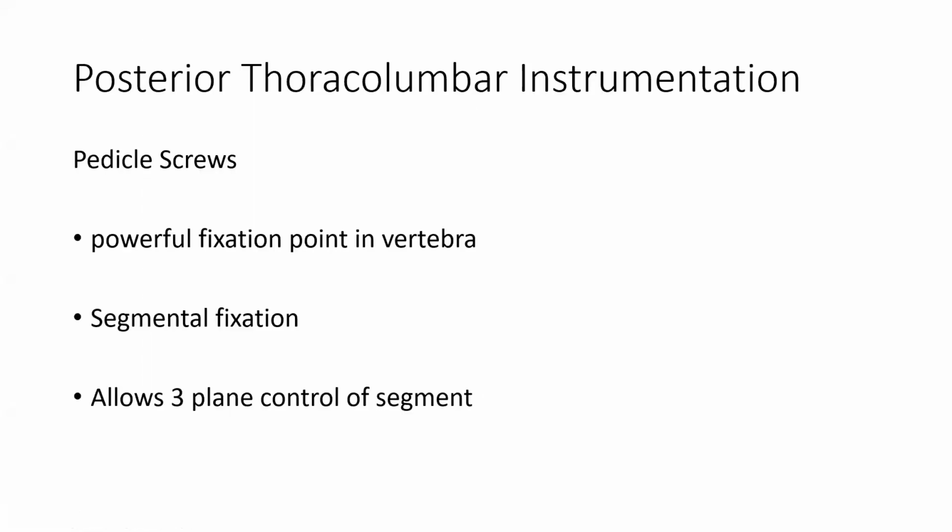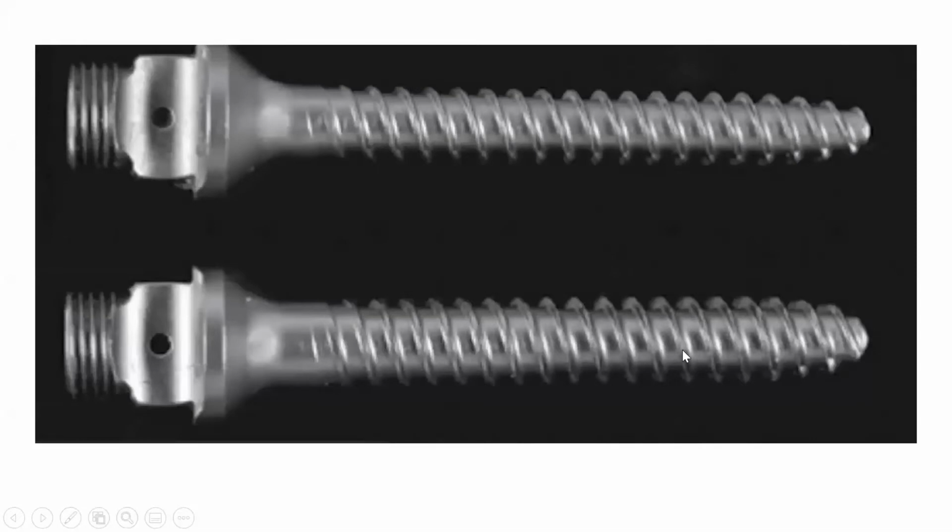A little bit about posterior thoracolumbar fixation, instrumentation. Pedicle screws, once again, are really powerful systems. This first third is the pedicle, so the modern screw has a differential pitch. The pitch here is a much tighter pitch than the coarse pitch which goes into the vertebral body, which is coarser.